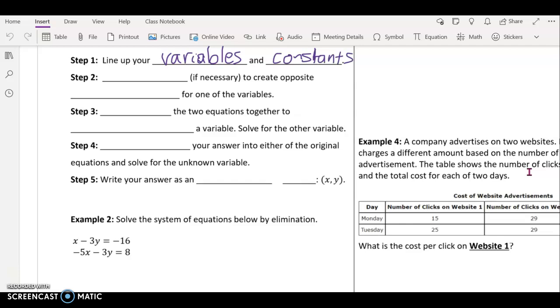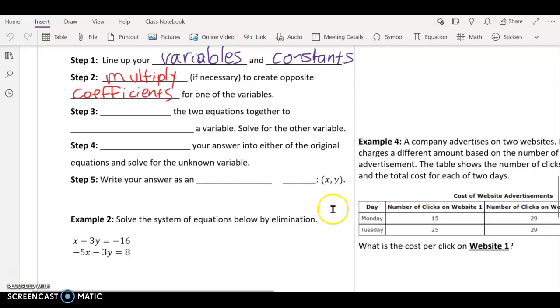So line your x's up with your x's, your y's up with your y's, etc. Okay? Now we're trying to create opposites. So sometimes we might need to multiply, if necessary, to create opposite coefficients for one of the variables.